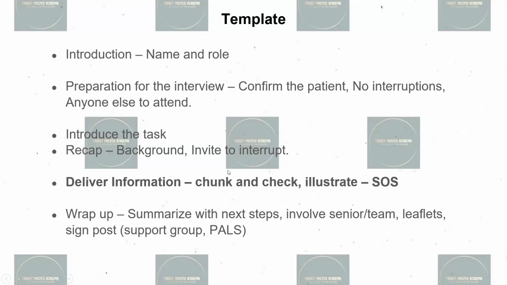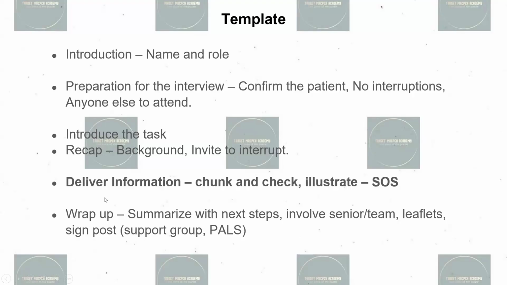So that is called chunk and check. When you break it down into chunks, you talk about one chunk and then check with them to see if they have understood what you have spoken about. If they have understood, then move to the next chunk. See how many of these chunks you will be able to manage in your given time.